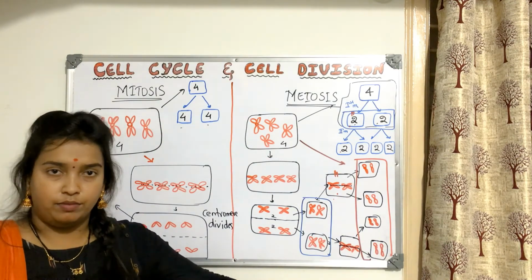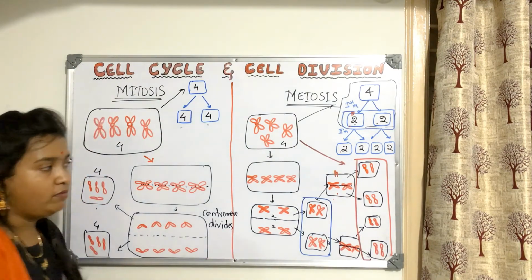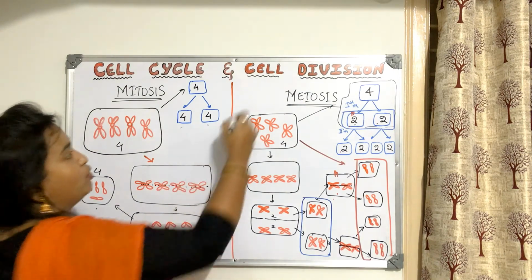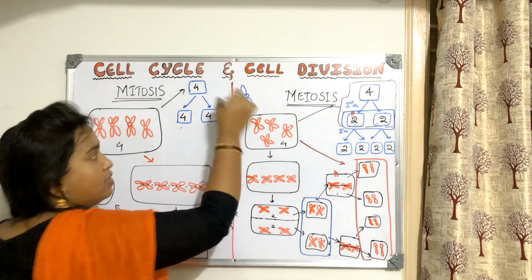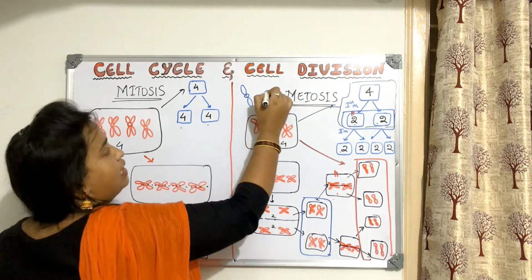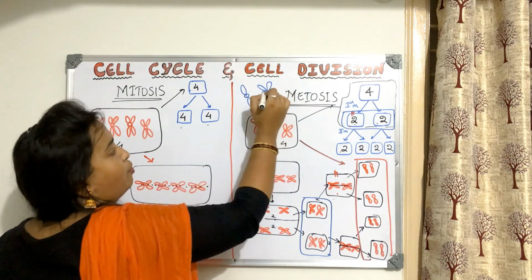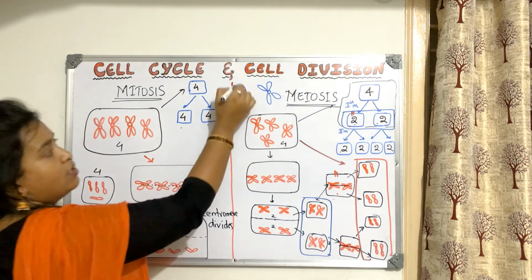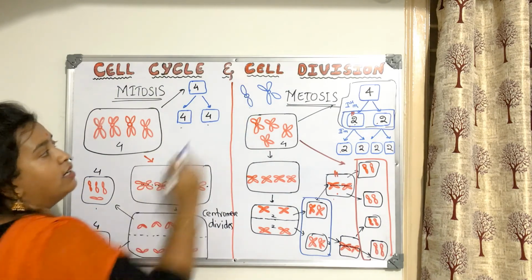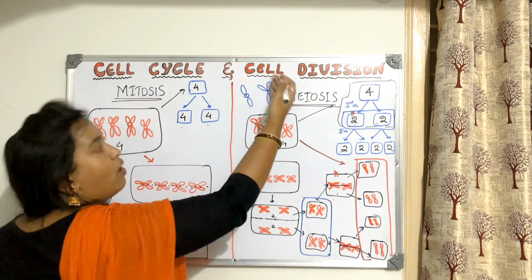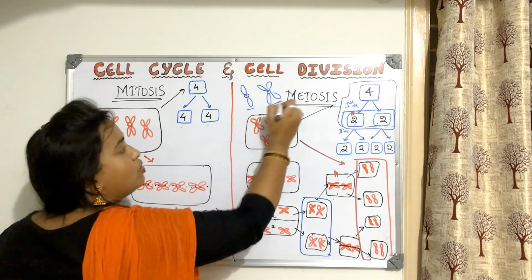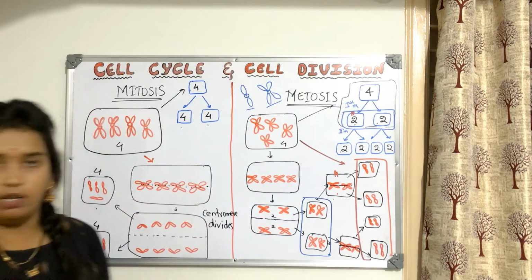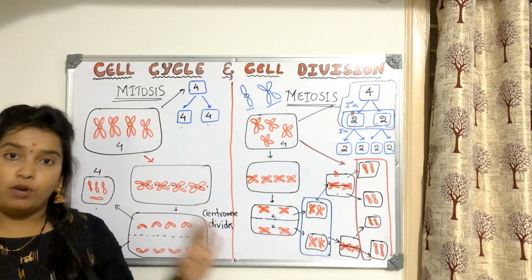Yes or no? Yeah. Even if a chromosome is like this, even this is a chromosome. Even if it is like this, even this is a chromosome. Both are same. This is one single chromatid. It has produced its replicated form. And this is also a chromosome, this is also a chromosome. Same thing only. I hope no confusions.